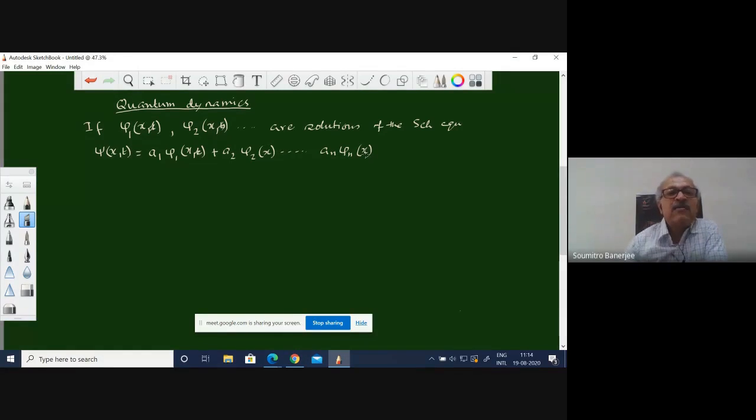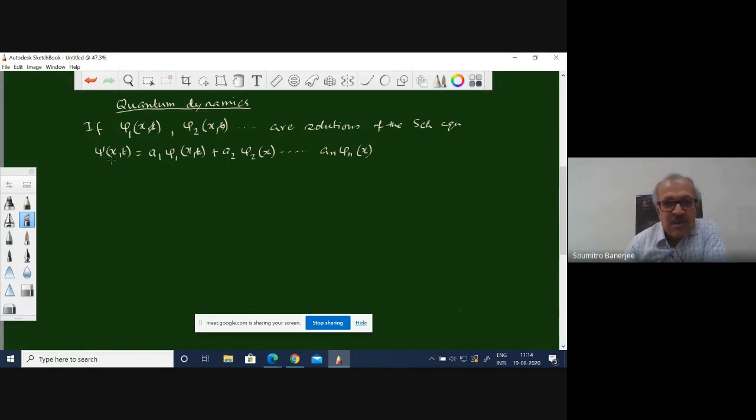So basically what we have said is that if each of these are solutions of the Schrodinger equation, so is a linear combination. So that is also a solution of the Schrodinger equation.